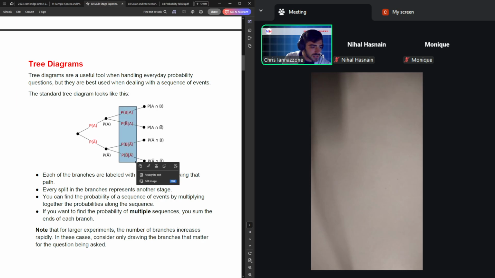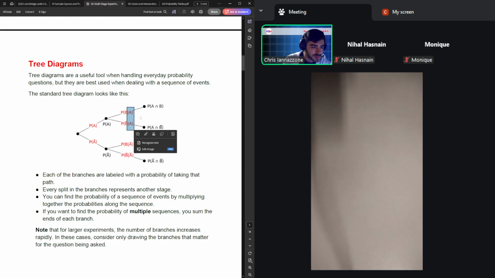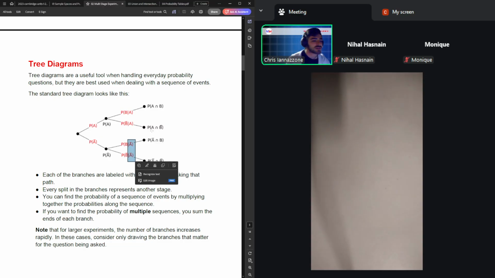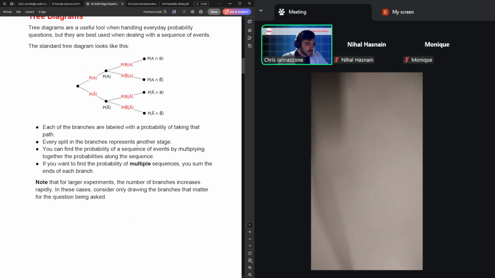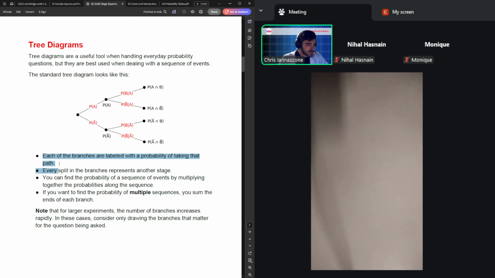Conditional probabilities simply exist with respect to something else having already happened. So what you'll notice is, for instance, if you take this branch of probability of A, any further probability that branches off of this is conditional based on having gone through branch A. Same thing here, A naught, the opposite of A. Any probabilities from that point on are now conditional on having gone down that branch of not A. Each of the branches that you have on your tree diagram are going to be labeled with the probability of taking that path.